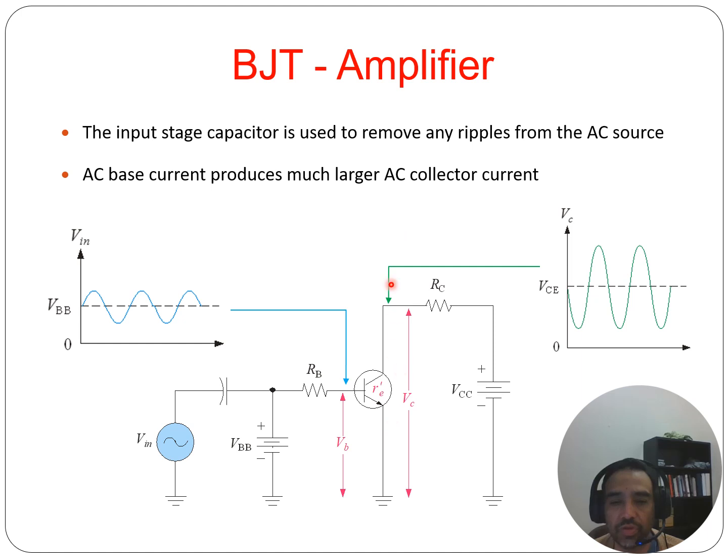So this VCC is always going to be something like 12 volts, 15 volts, something much, much larger. The signals that we're trying to amplify are very, very tiny, something in the millivolts. What we're trying to do is get a directly proportional replication of that little input signal, amplified. We're not changing the frequency. We're not changing any other characteristics of the signal. We just want it bigger.